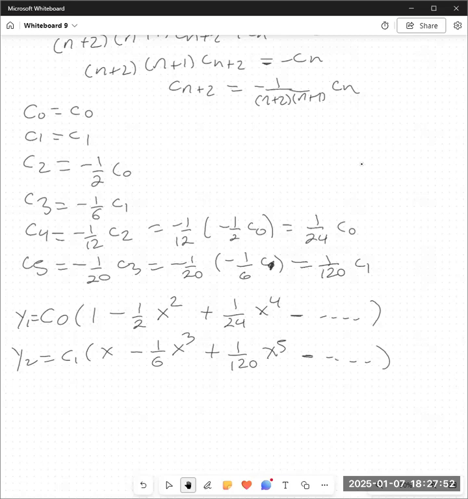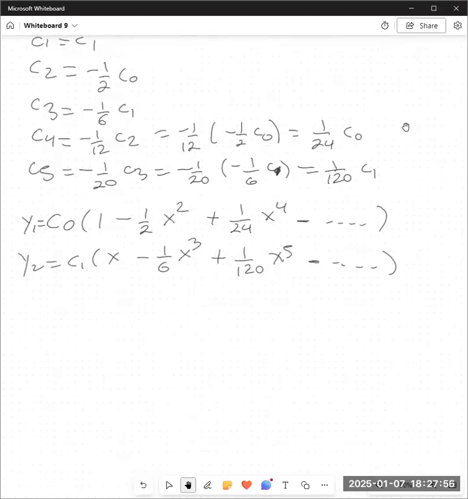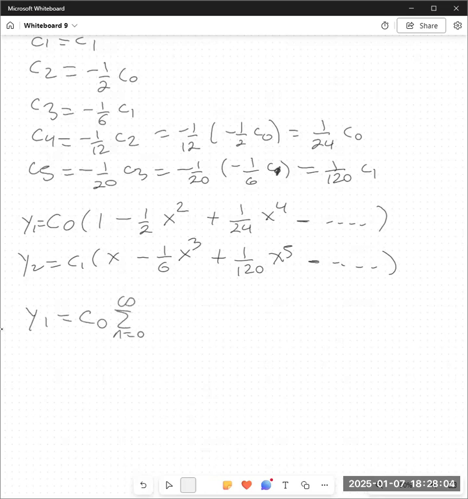Let me write the series form of these because it can be simplified a little bit. The sum from n equals 0 to infinity of -1 to the n, x to the 2n over 2n factorial.